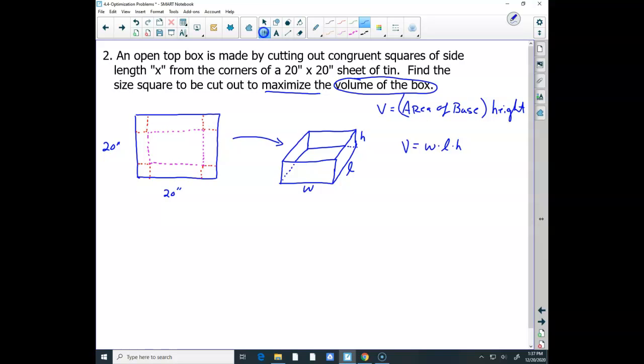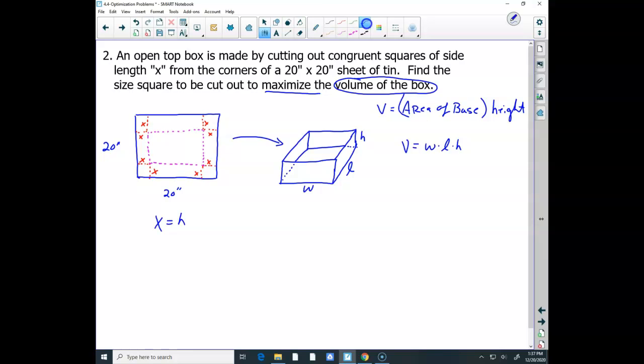Well, I don't know. When I come down here, I'm actually going to have 3 different secondary equations, to be honest with you, because in this case we're cutting x's out of the corners, right? So when we cut that corner out, notice the height we cut out there, x actually equals h.